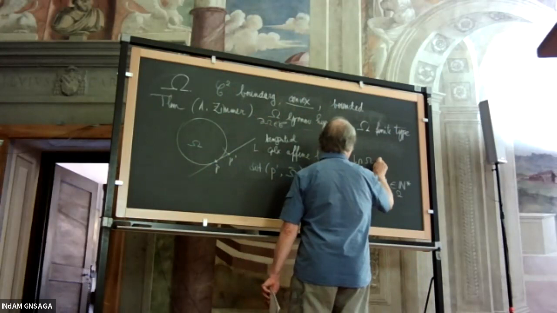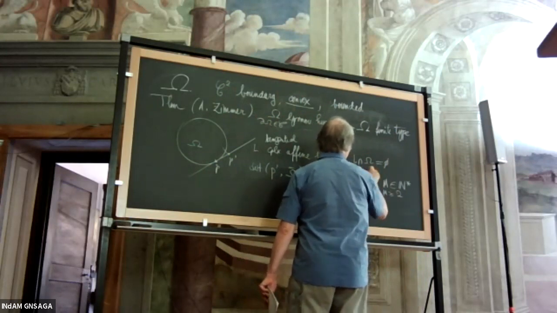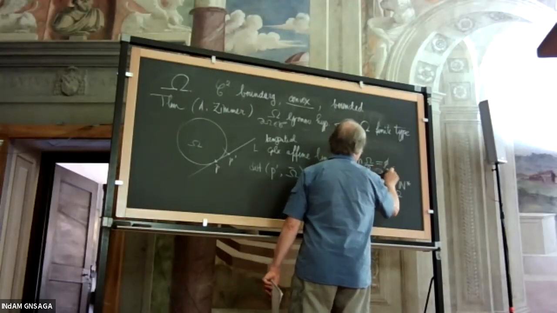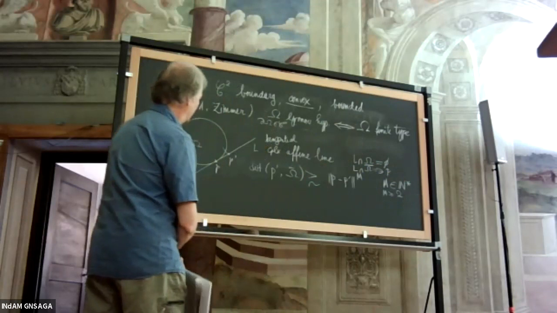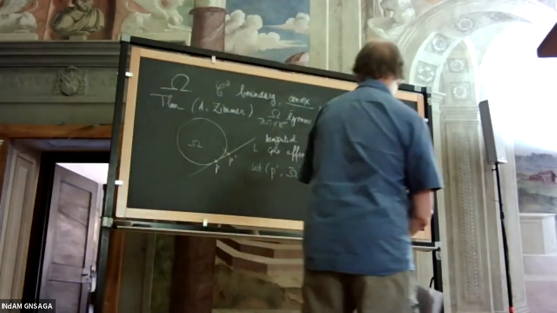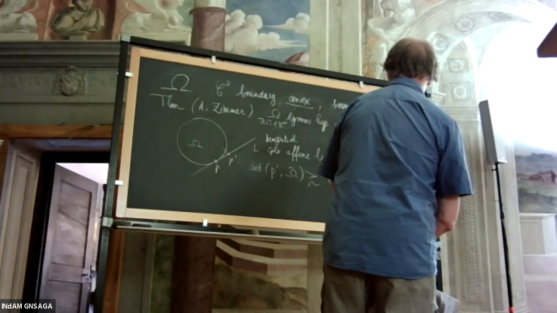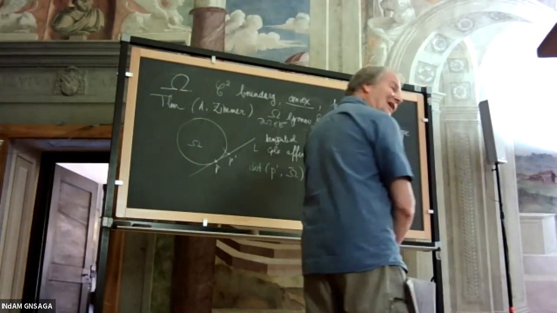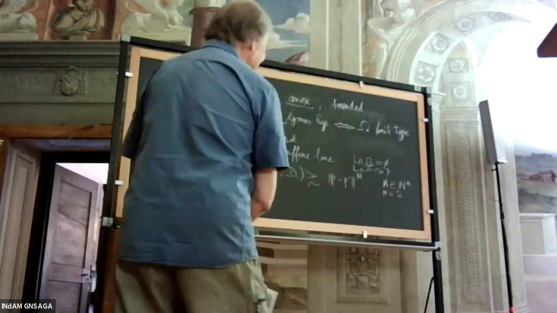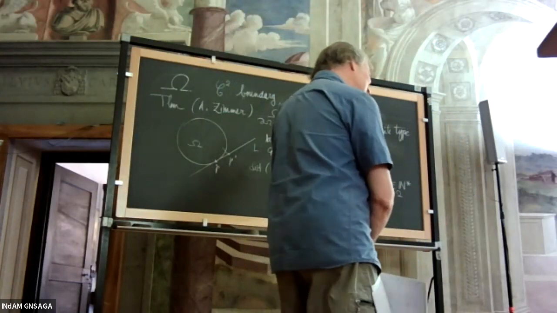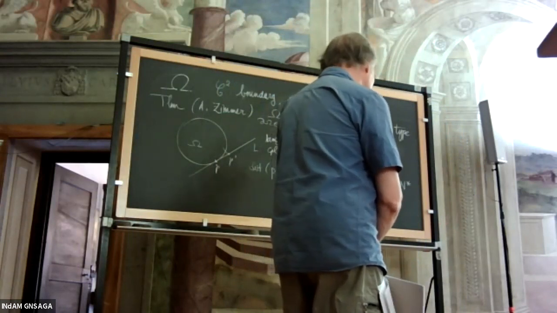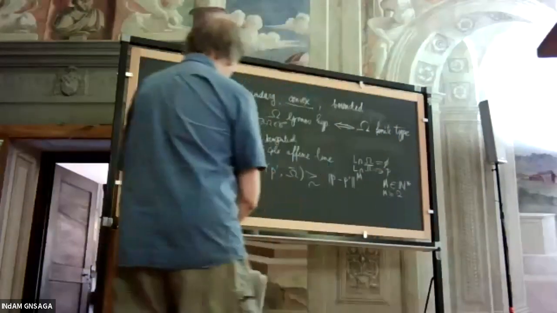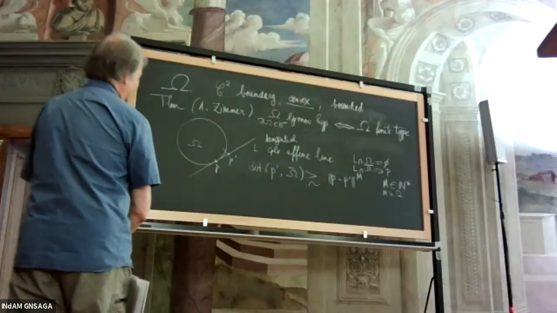It doesn't touch omega, but it touches omega bar at the point P, okay? This is the kind of assumption that Gromov has in the case of the geometric equivalence. All right. Good.